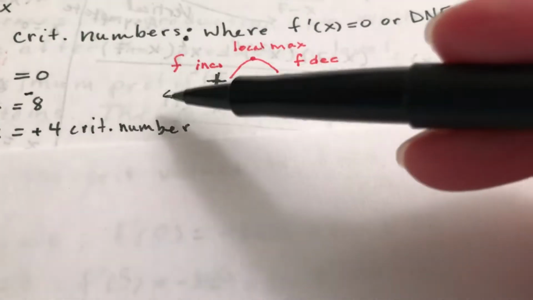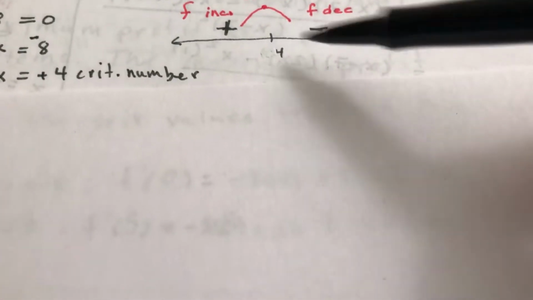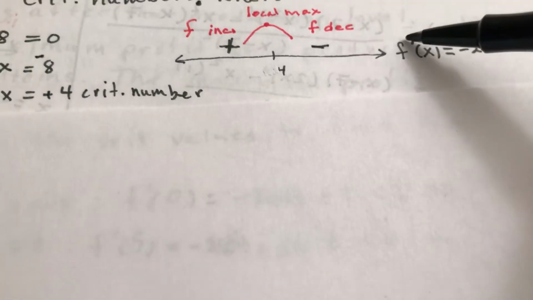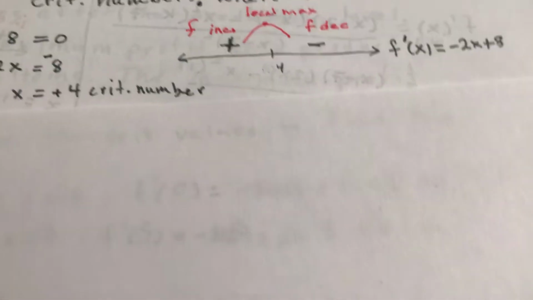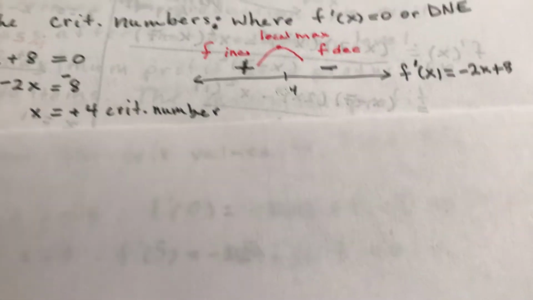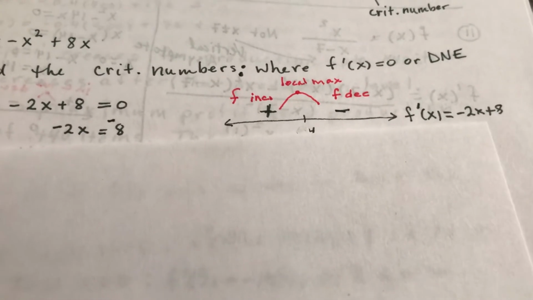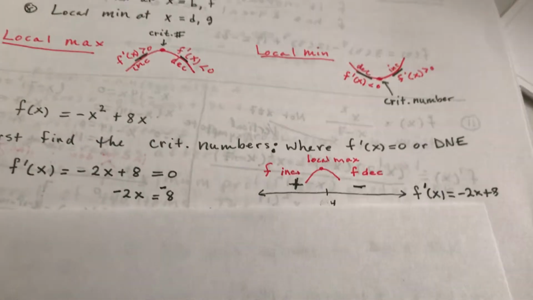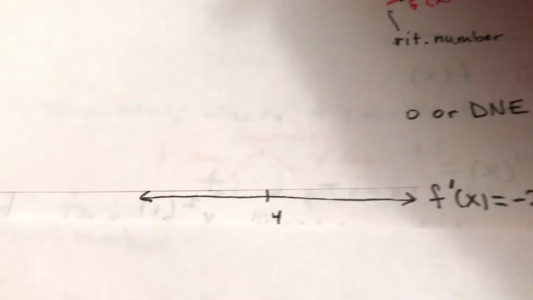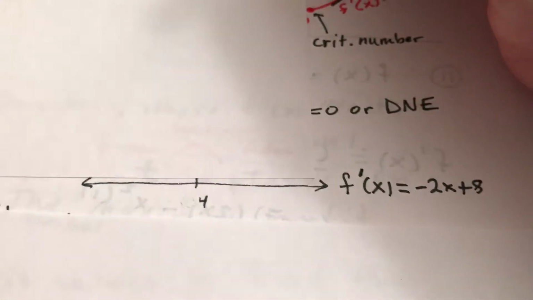And what I do is I come over here, and I'll ignore all this, I put a number line up. So I've got a number line here, and I name that number line f prime of x. So what I'd like you to do is, there's a lot going on. I'm planning ahead here, and maybe I shouldn't have written all this on top of it, but what you want to do is just have a number line that looks like this.